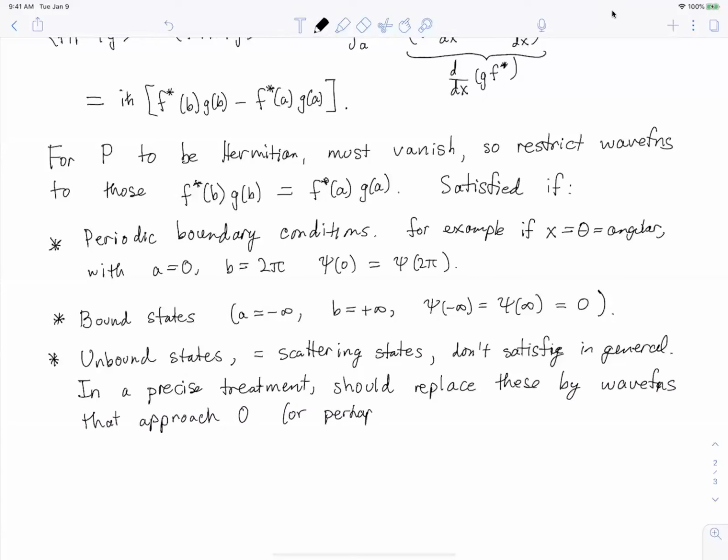Or perhaps a constant at very large distances. Otherwise, technically, momentum will not be observable.